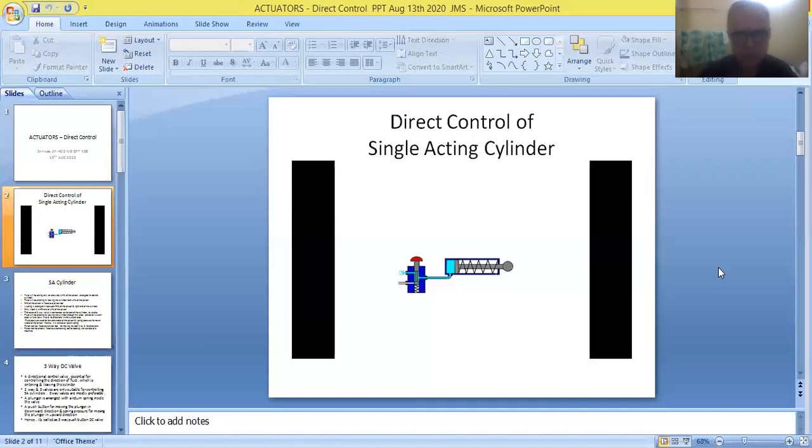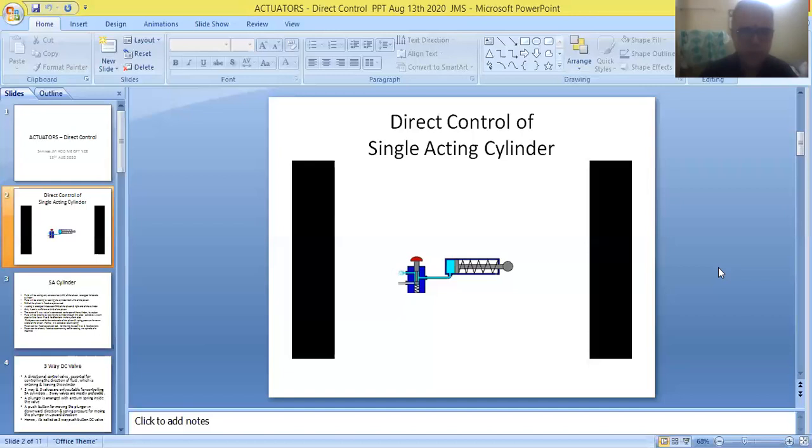So friends, fluid pressure is used as a whole in the case of a single acting cylinder. Fluid pressure will be used for moving the piston in the forward direction, and spring pressure is used for moving the piston in the reverse direction. This is called one cycle of operation.